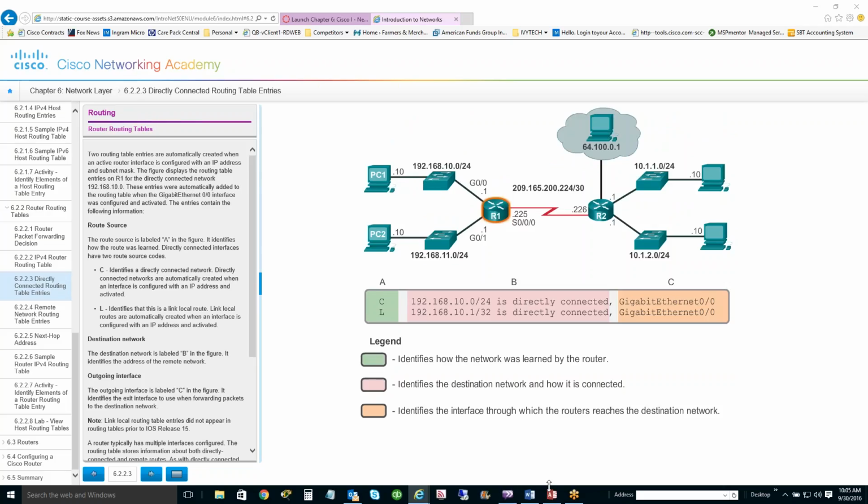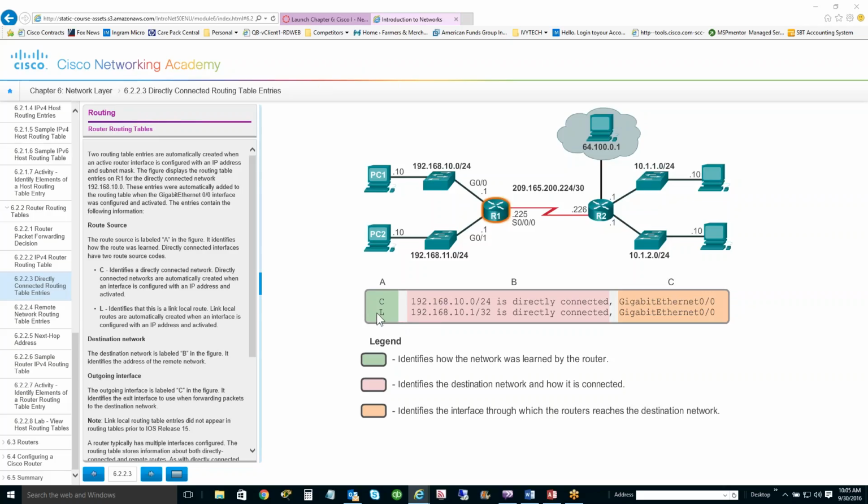6.2.2.3 really does a nice job of dissecting the routing table entries for you. Of course, column A identifies how the network was learned by the router, and in this example, it talks about the route source of C, which represents a route that gets created automatically whenever a directly connected network is created and the interface is configured with an IP address and activated.